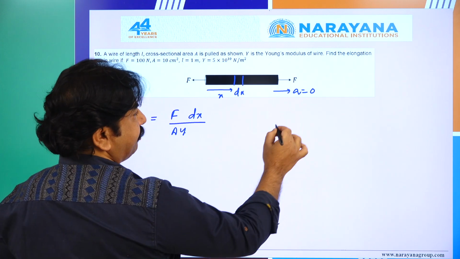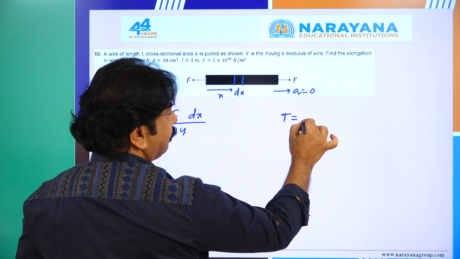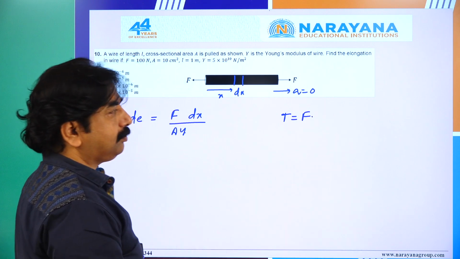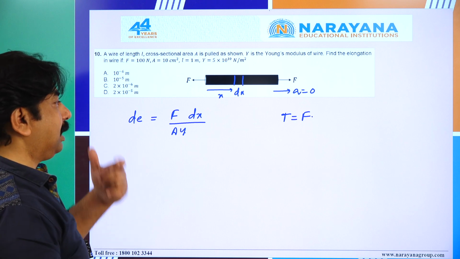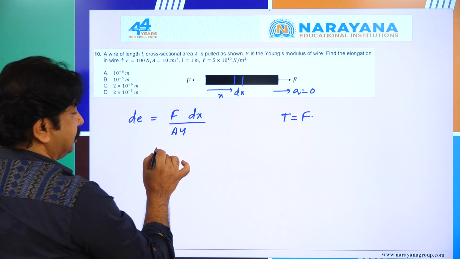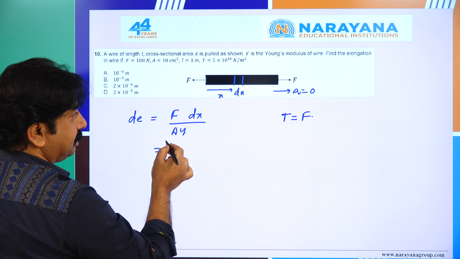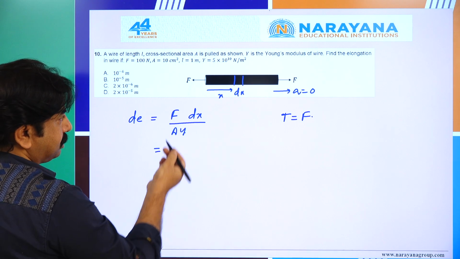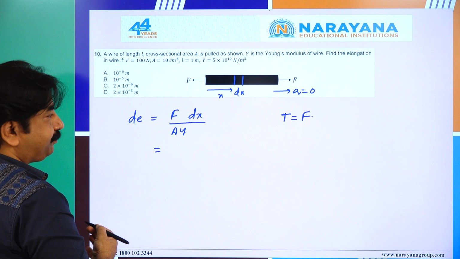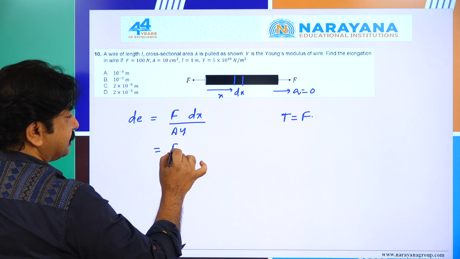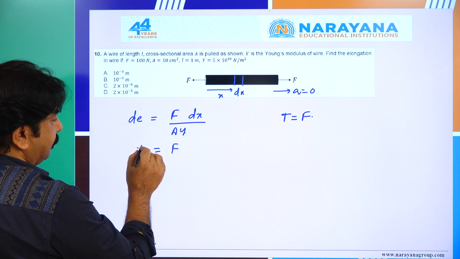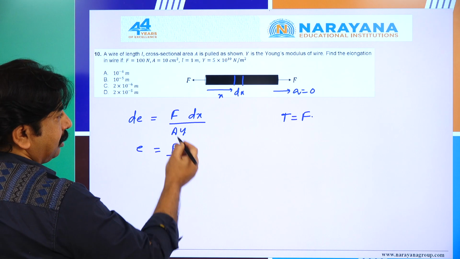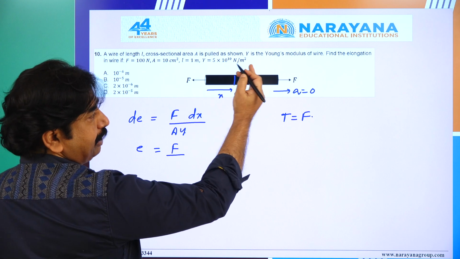Now the tension at every cross section T should be equal to F only. So accordingly, we can write the points here. As the tension is nothing but F only, we continue with the same F. And moreover, F is constant throughout every point.